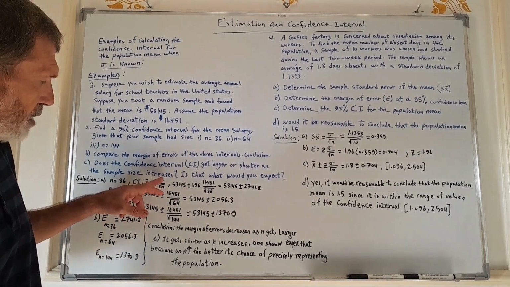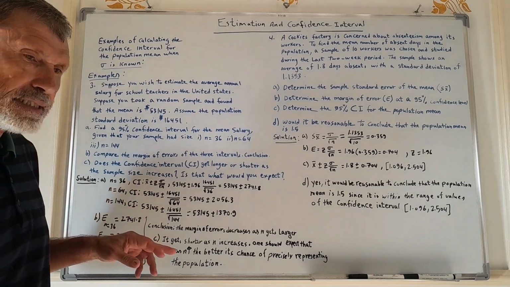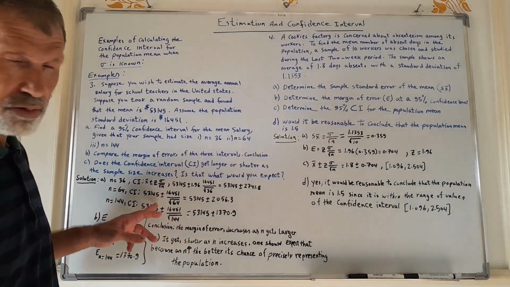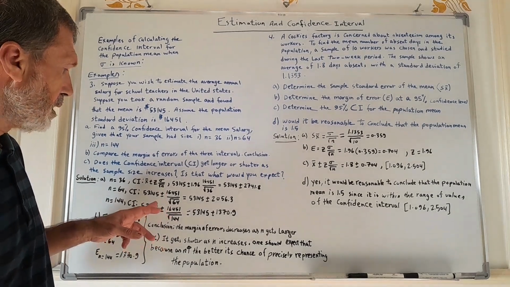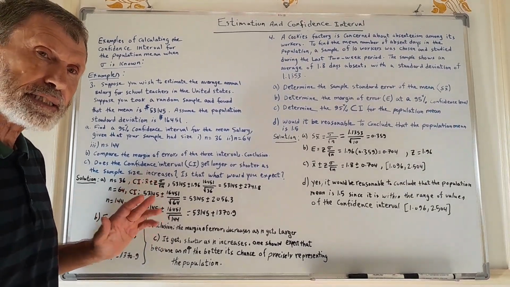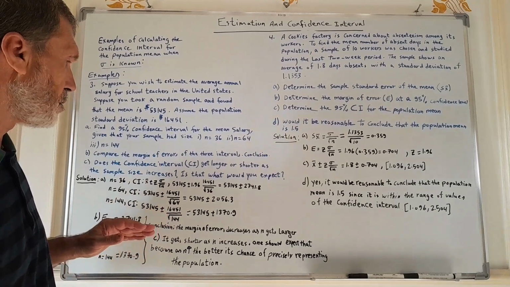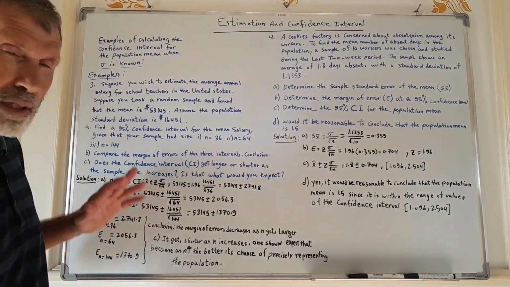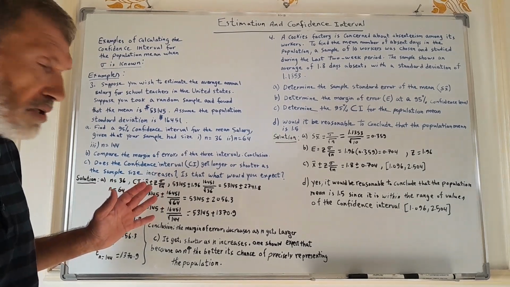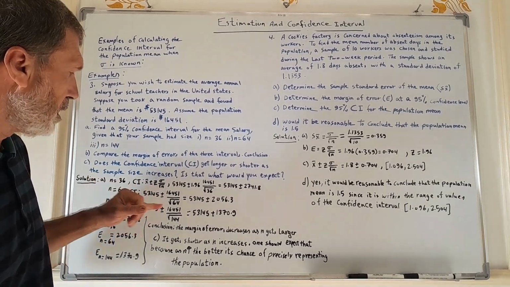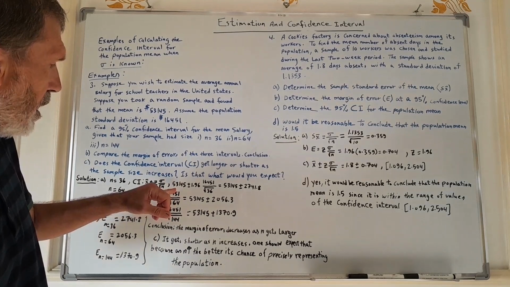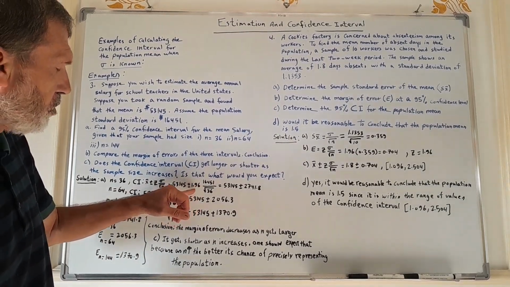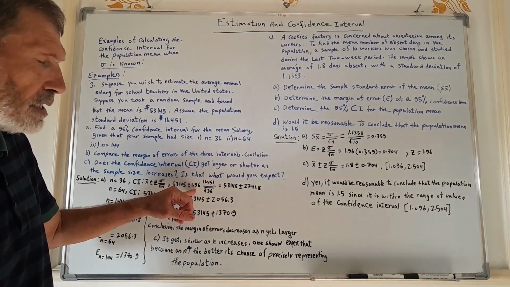Z times sigma over radical n is the margin of error, where sigma over radical n is the standard error of the mean. So we plug the values into this formula and we come up with 53,145 plus or minus 196. Of course, z is 1.96.